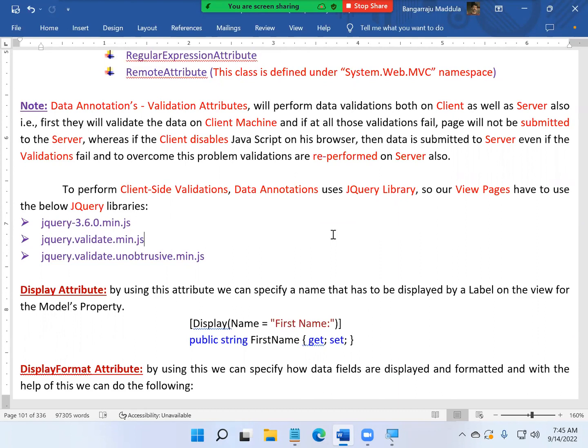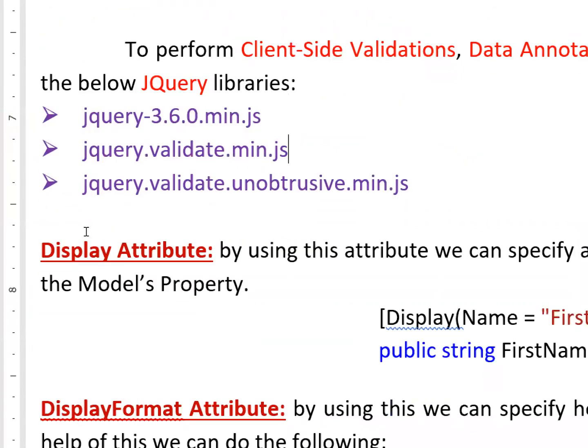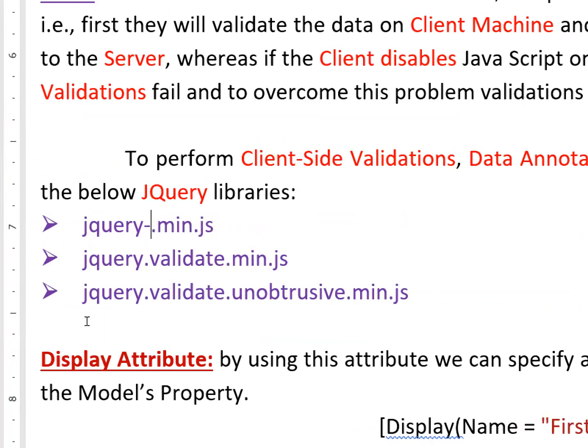So here, if you want to use client-side validations, you are required to take the help of a few jQuery libraries in your project. When they are implemented by using jQuery, we are required to use the jQuery libraries. What are the jQuery libraries? jQuery, and here I won't say 3.6, I'll simply say version. Whatever the latest version is, that version will come there.